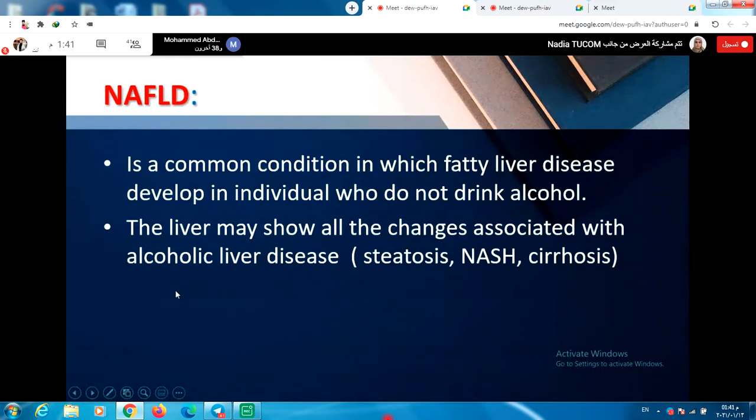In alcoholic liver disease, there are stages for the development of liver disease. The first is steatosis, which is liver or hepatic fatty change. Steatosis is a reversible process. Hepatic steatosis or hepatic alcoholic steatosis.